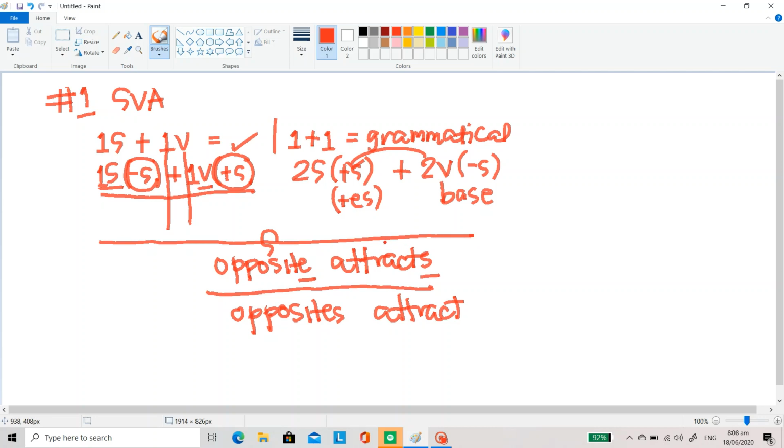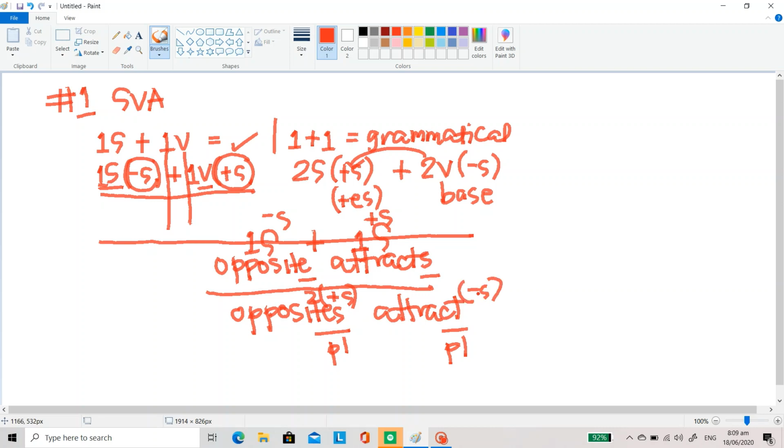It means it is singular. 1 plus 1. No S, with S. At the bottom part, as you notice, opposite is plural, hence opposites, and the verb is also plural, hence attract. Plus S because it's plural, no S because it's plural.